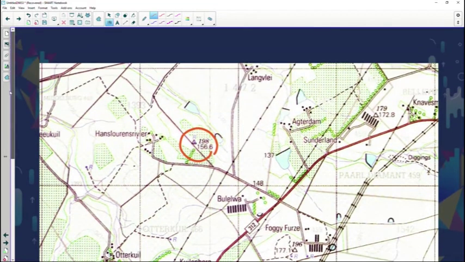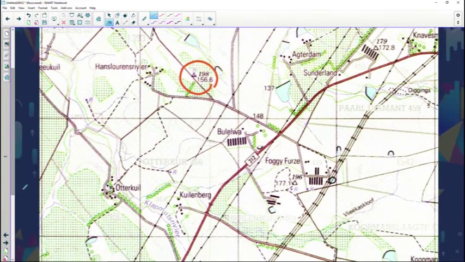Now you need to keep in mind, the topographical map scale is 1 to 50,000. So we use a calculation regarding that 50,000. If I'm going to ask you to calculate the gradient from trig beacon 198 to trig beacon 196, keep in mind a trig beacon consists of 2 numbers.